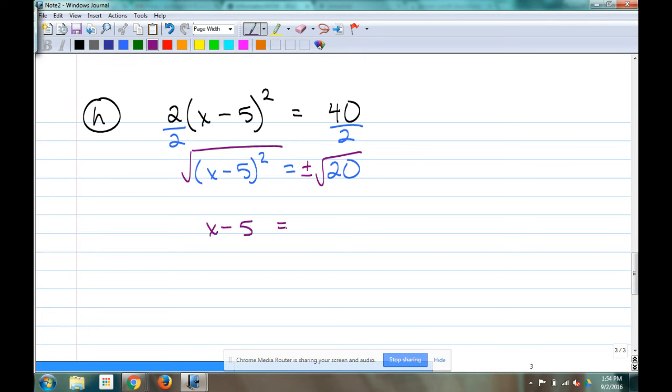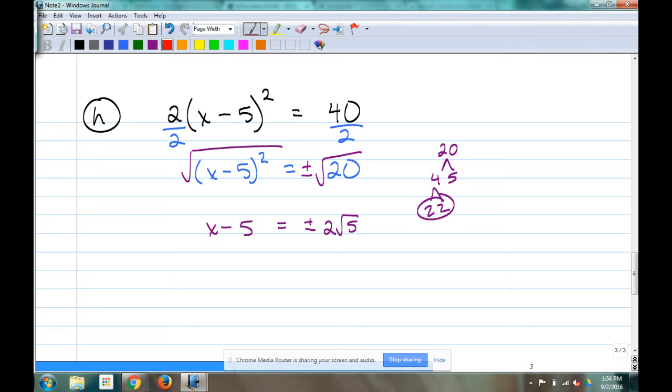There's no need for parentheses anymore because there's not a squared out there. So we just drop that to just x minus 5. Then we want to simplify that radical if at all possible. So square root of 20. Break it down 4, 5. Pair of 2's. So 2 radical 5.